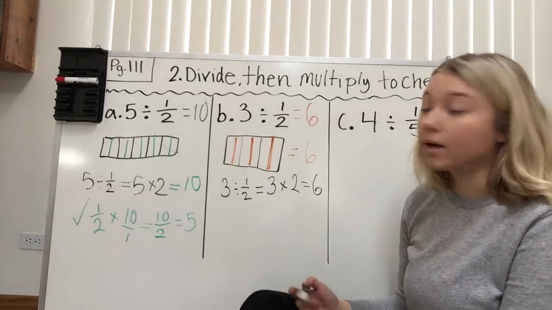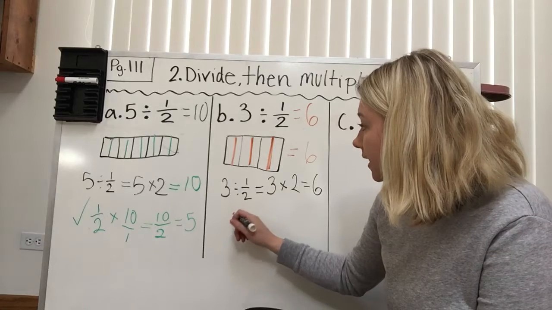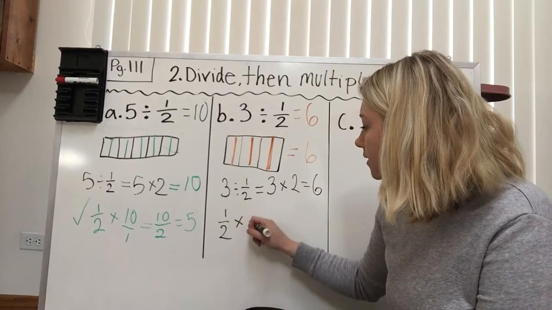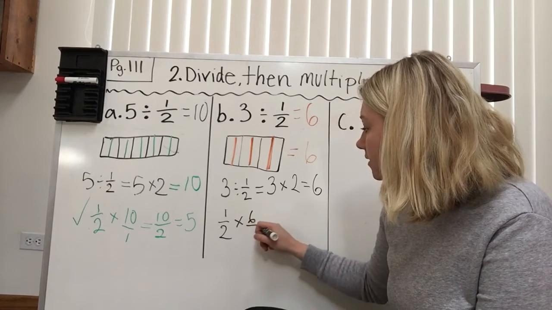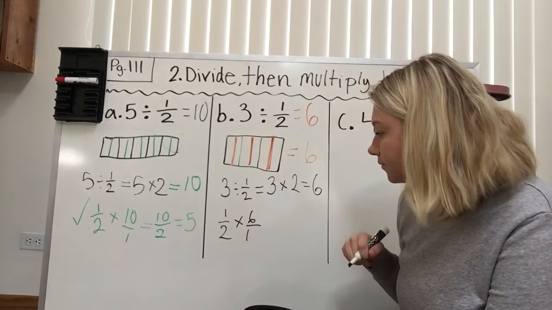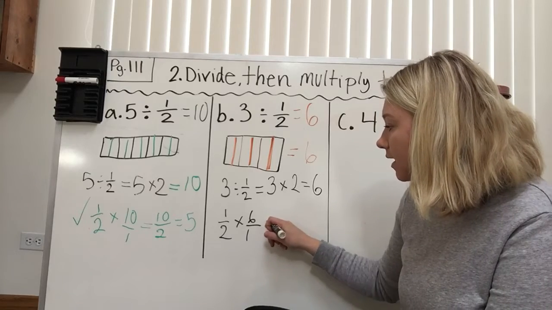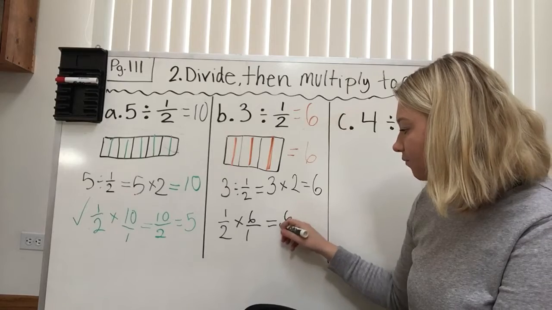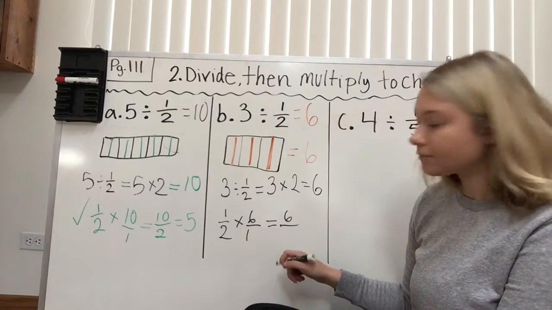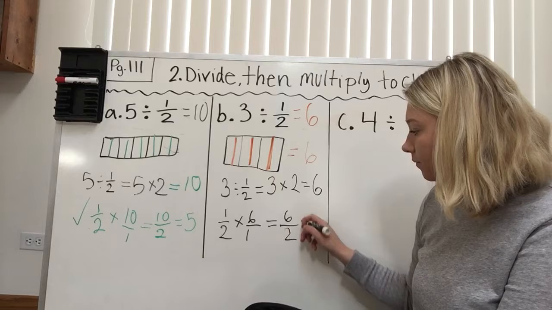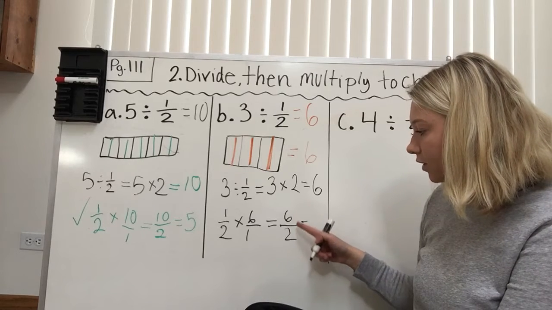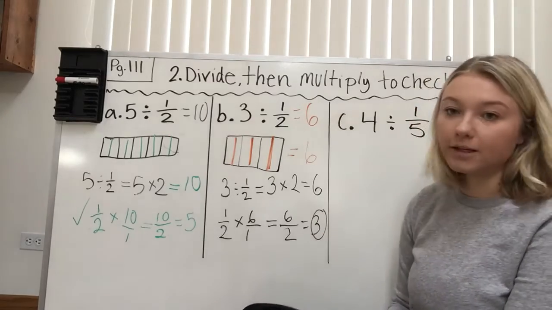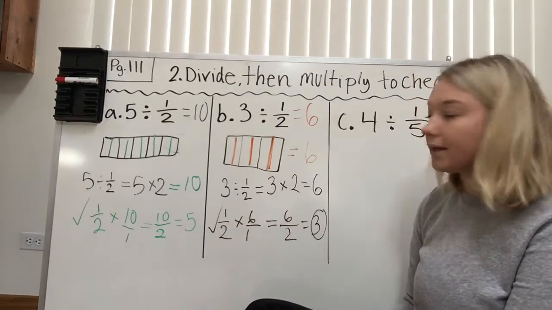And now to check our work, we're going to take the second factor, so 1/2 again, times our answer, which is 6 over 1, or a whole 6, is equal to 1 times 6 is 6, and then 2 times 1 is 2. And 6 over 2, or 6 divided by 2, is 3, our first factor. So we know that we did that right.